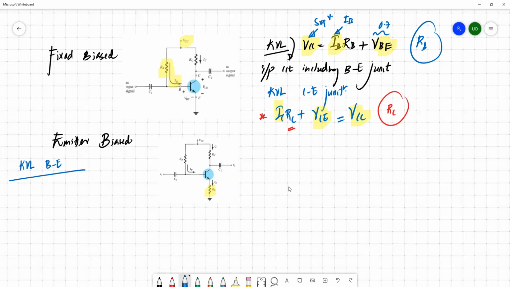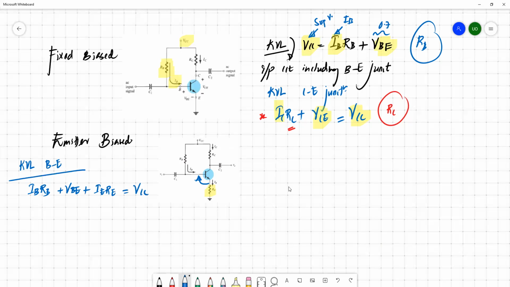You have IB RB here, and you have the base emitter junction voltage VBE. Other than that, you have the IE RE term, which equals VCC.